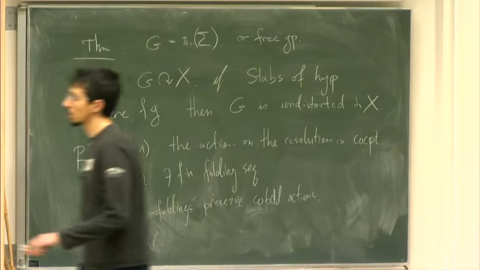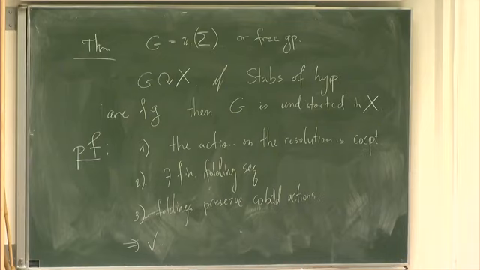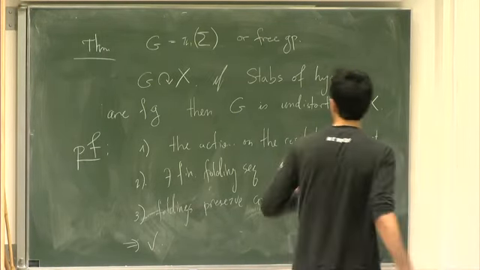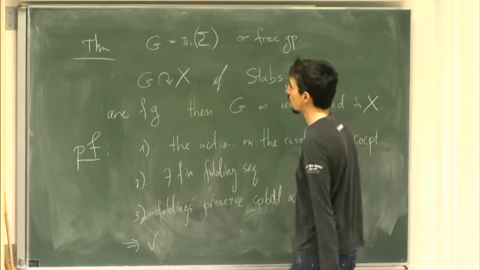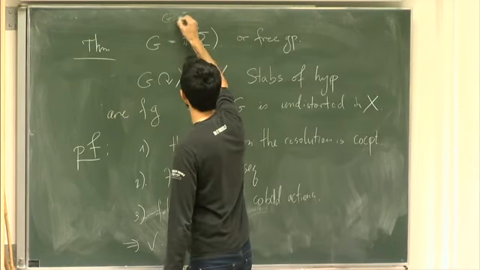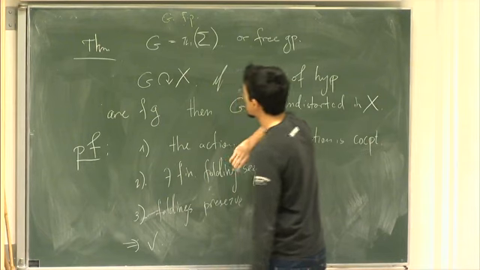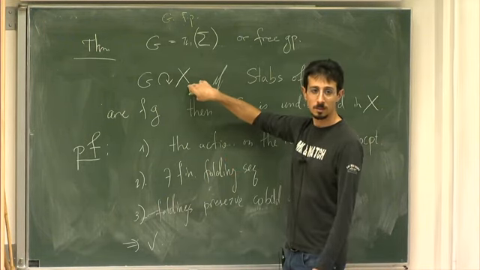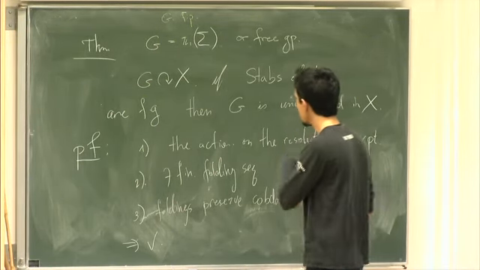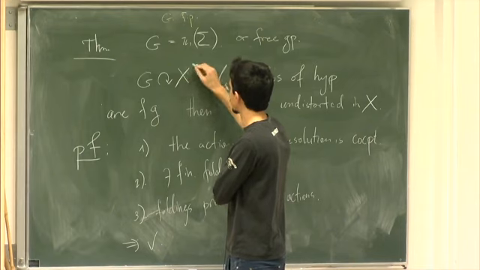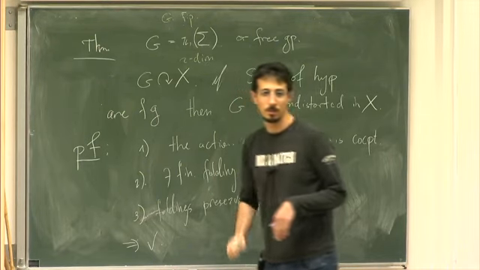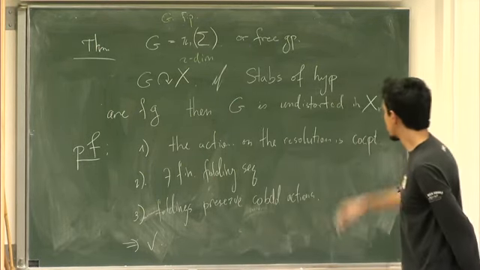Let me show you another variant of this thing. Maybe I should write it over this theorem because really the same proof works. So now instead of assuming something about G, just assume that G is finitely presented, and we'll assume something about X. So let's assume that this X is two-dimensional. And again, the same proof works.